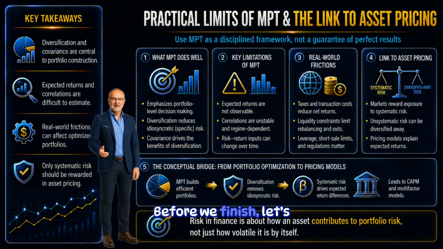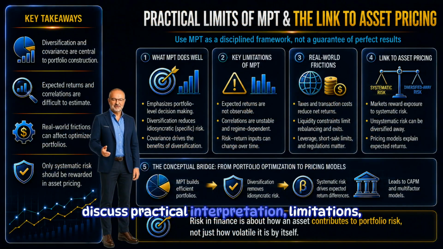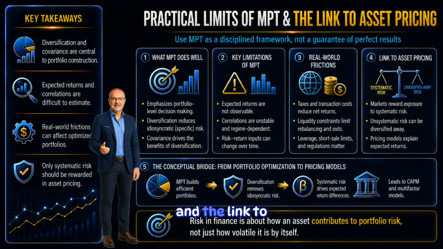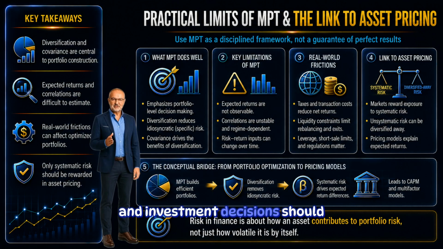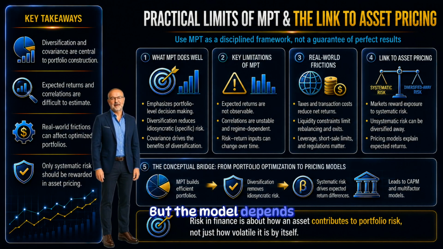Before we finish, let's discuss practical interpretation, limitations, and the link to asset pricing. Modern portfolio theory is powerful because it forces disciplined thinking. It reminds us that diversification matters, covariance matters, and investment decisions should be made at the portfolio level rather than the individual asset level. But the model depends on inputs that must be estimated.